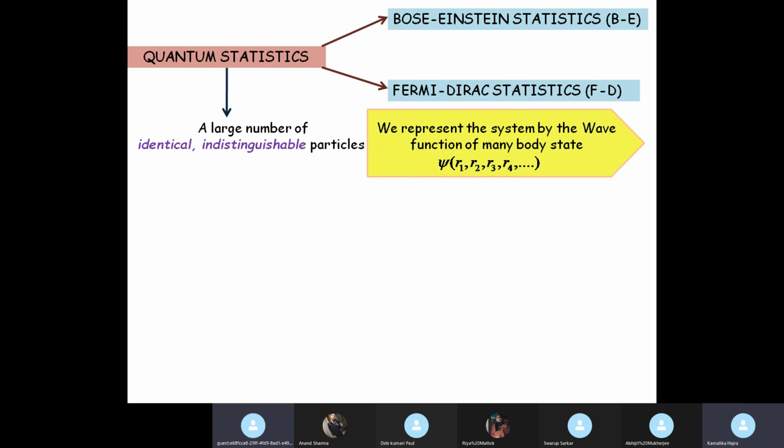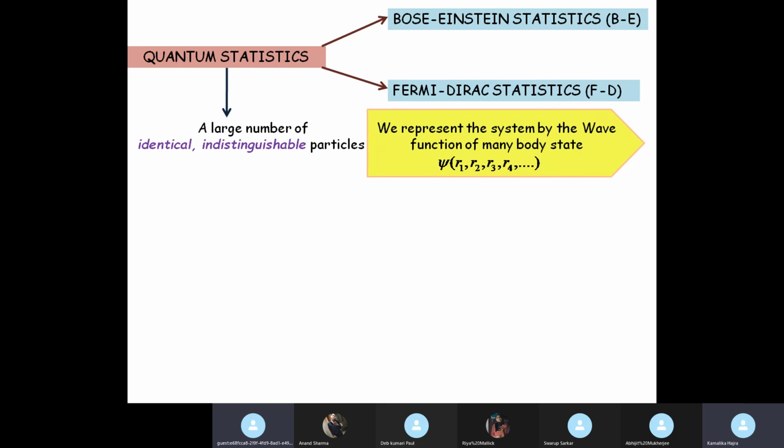So we represent the system by the wave function of a many body state. So there are, say, n particles, a system consisting of n particles. Each particle will have their position coordinates r1, r2, r3, etc. So we denote the system by a wave function.